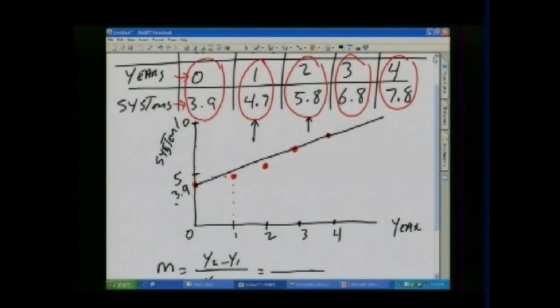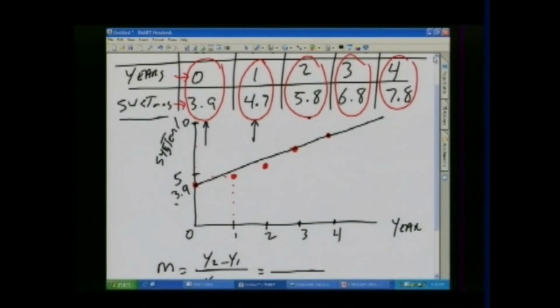Since we are talking about a straight line, I can take the first point and the second point. Let's say this is the first point. Let's forget about this other one since I'm using 3.9. These 2 points. Okay, y is talking about the number of systems.